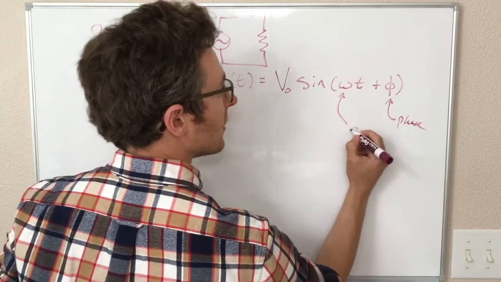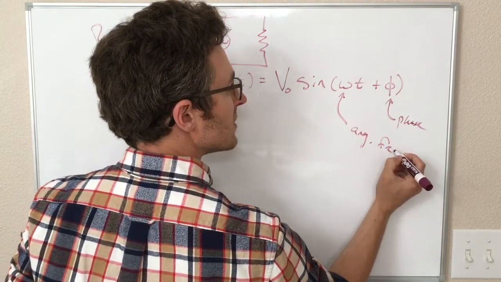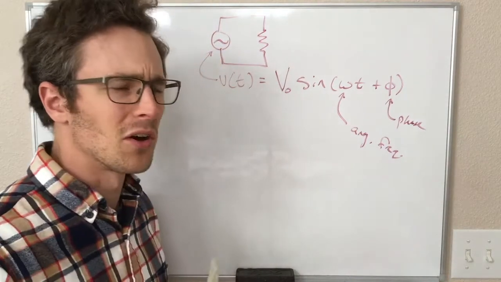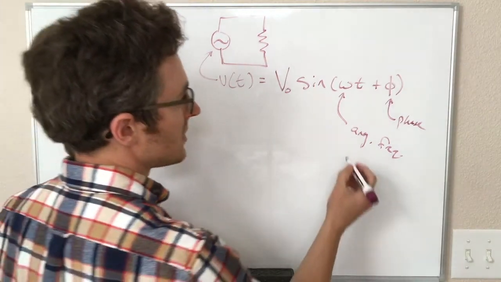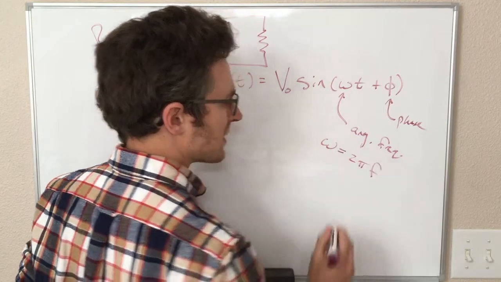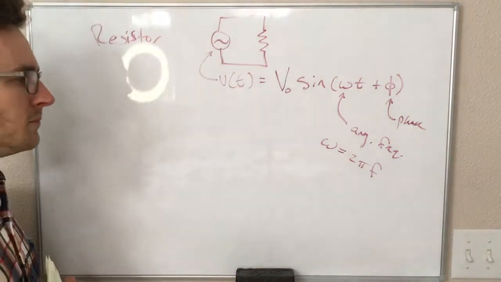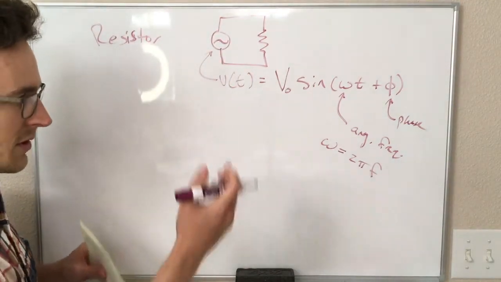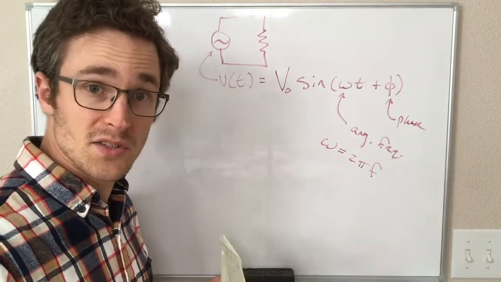And omega here is our angular frequency, which is going to be more convenient to use than our regular frequency, but omega is equal to 2 pi f. I expect everybody has already seen that, but if you haven't, here it is. And the units of omega are radians per second.